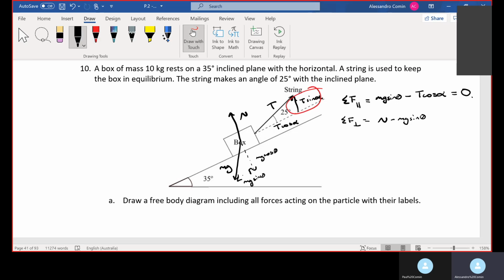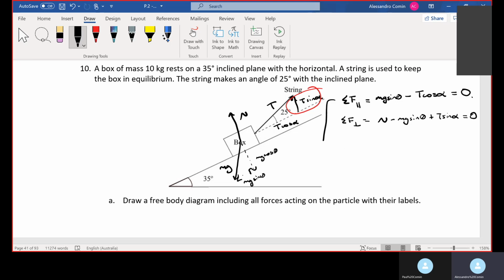So I'm actually going to have n minus mg cos theta plus T sine alpha is equal to 0. So that's why I said n is not always equal to mg cos theta. It's just dependent on what forces are perpendicular to this plane.